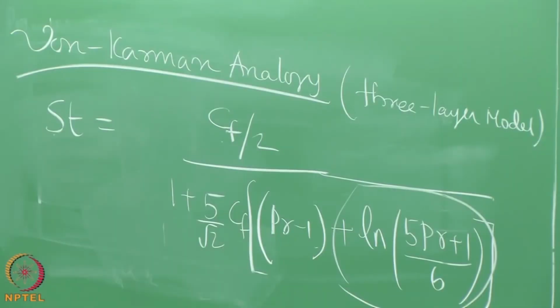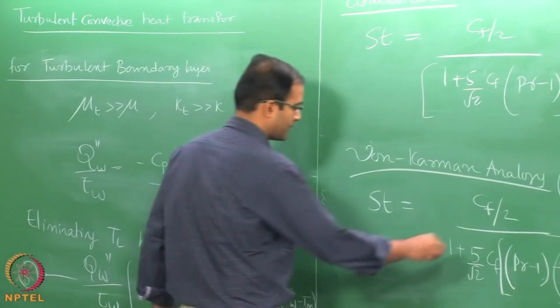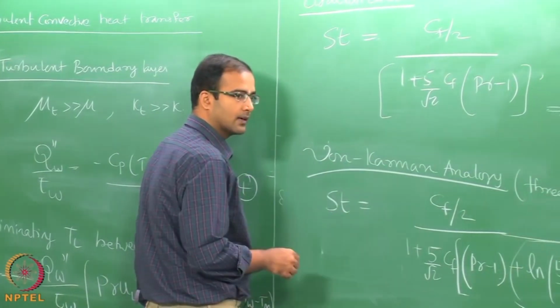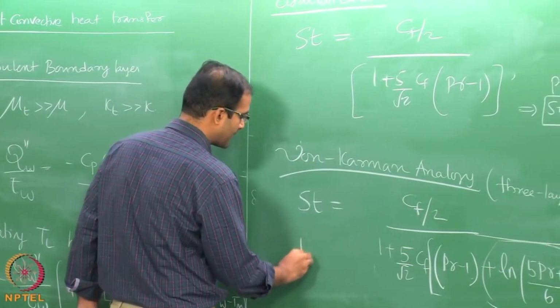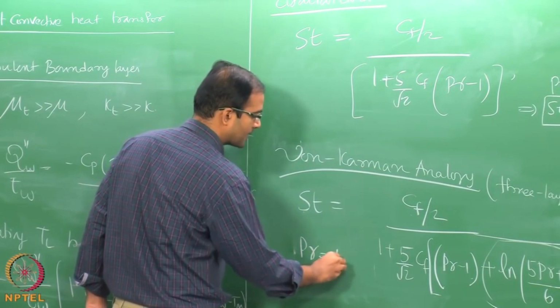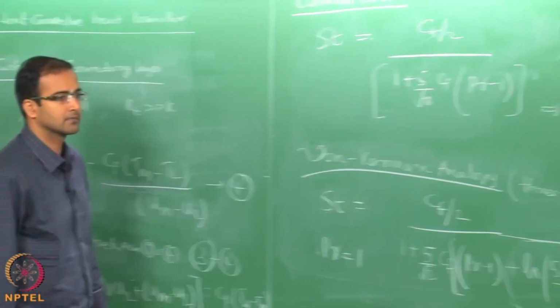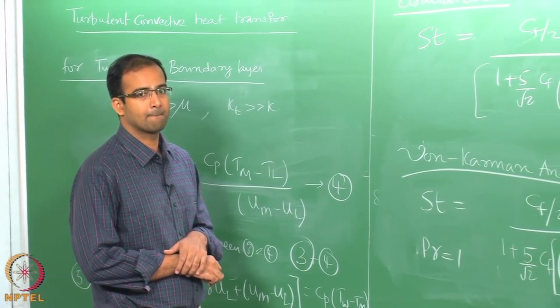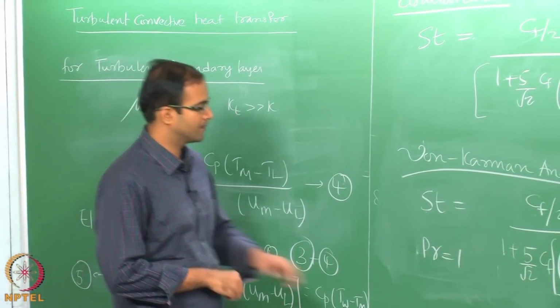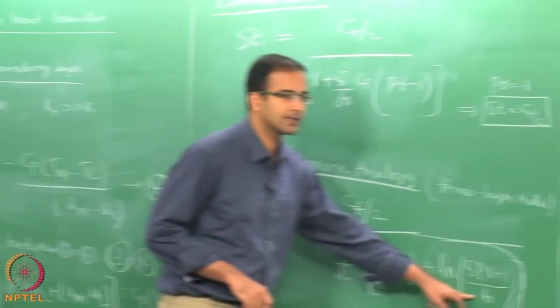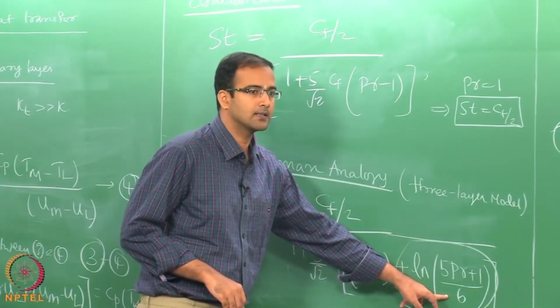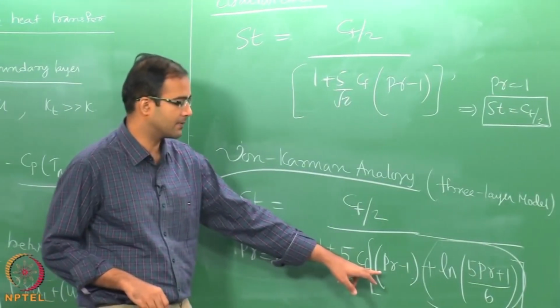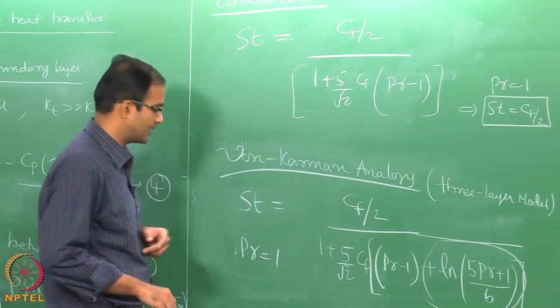This is the difference between the 2 analogies, and again for the limiting case of Prandtl number equal to 1, what happens? This becomes 6 by 6, so ln of 1 again becomes 0, so you have Cf by 2.